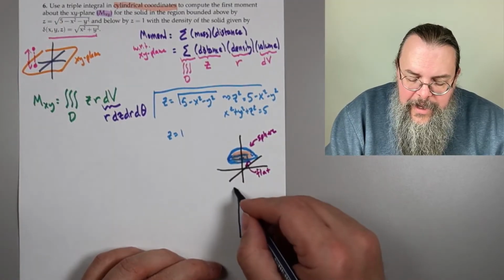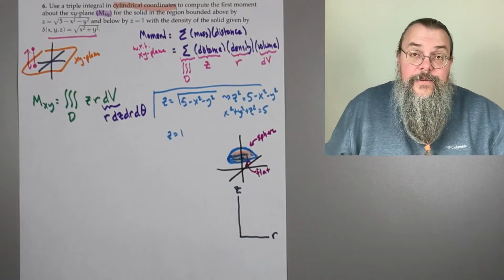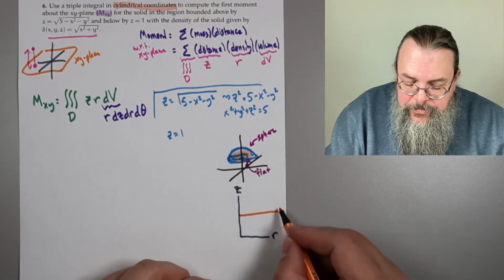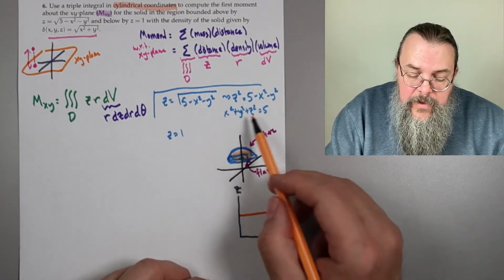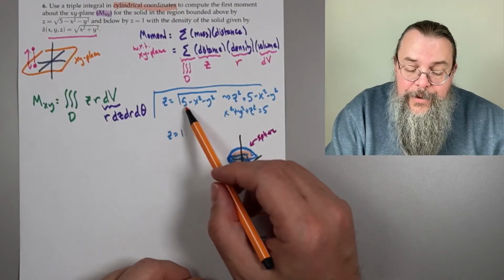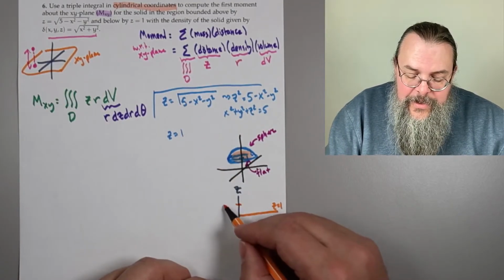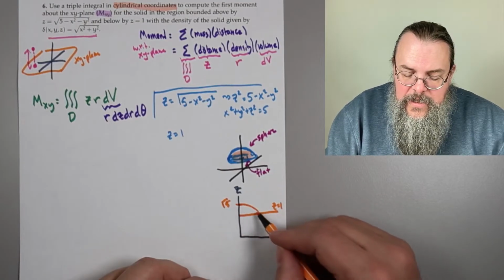R and Z. And we have z equals 1. It looks like this. And then we have z equals square root of 5 minus r squared. Well, it's a circle. Here you have radius root 5, and it just comes down.